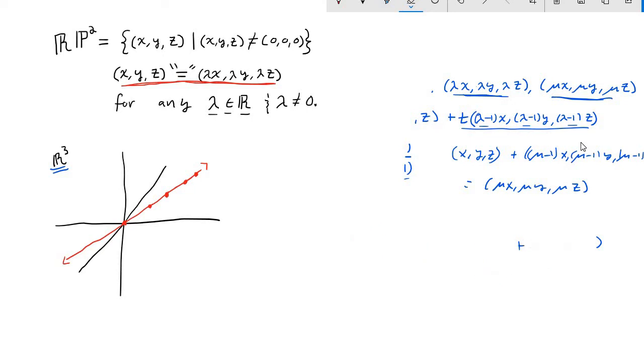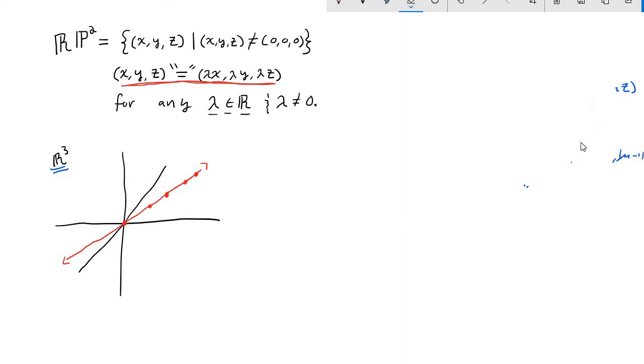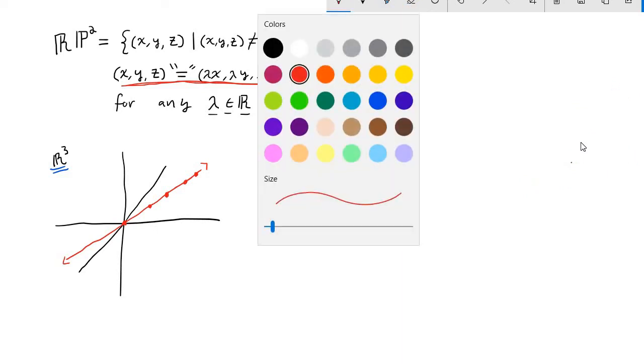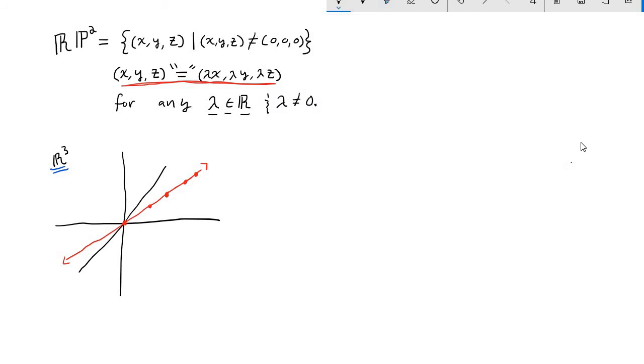So one thing I could do then is pick all the points that lie at a unit distance away from the origin. So for each line, I'm going to pick its representative to be the point that has distance 1 from the point 0, 0, 0.